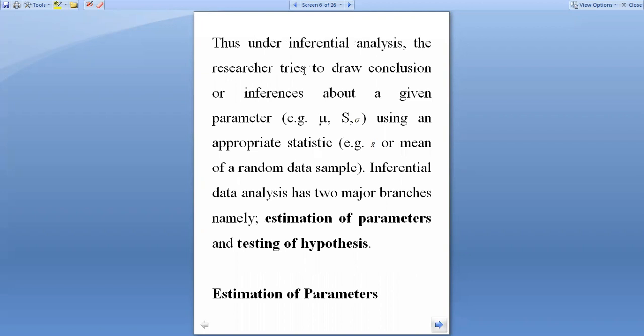So we said under inferential analysis, we want to understand the parameter.